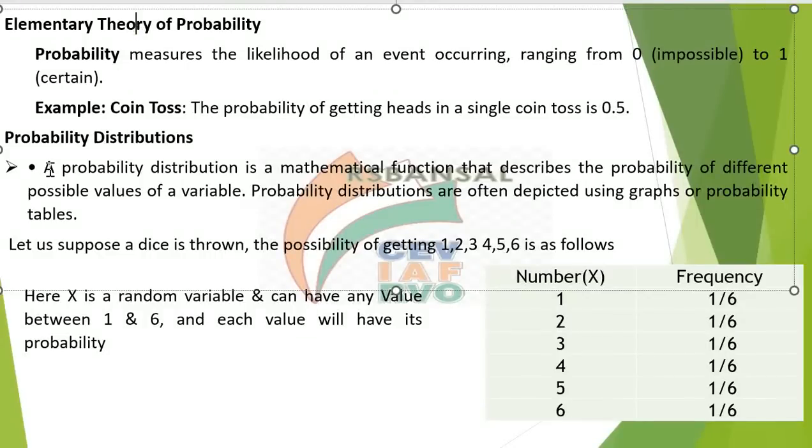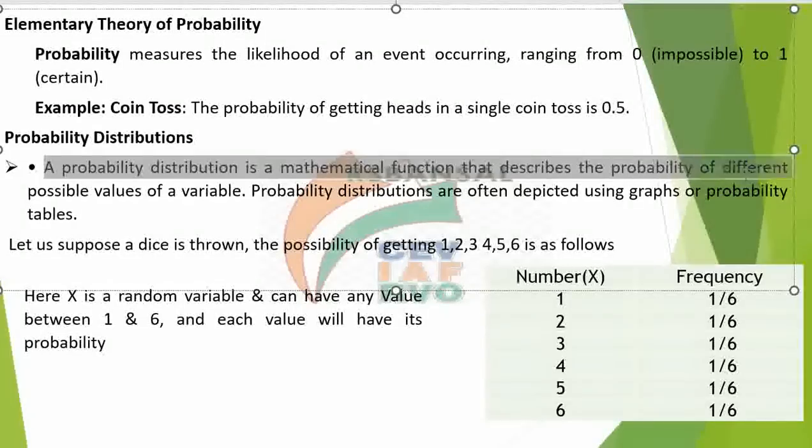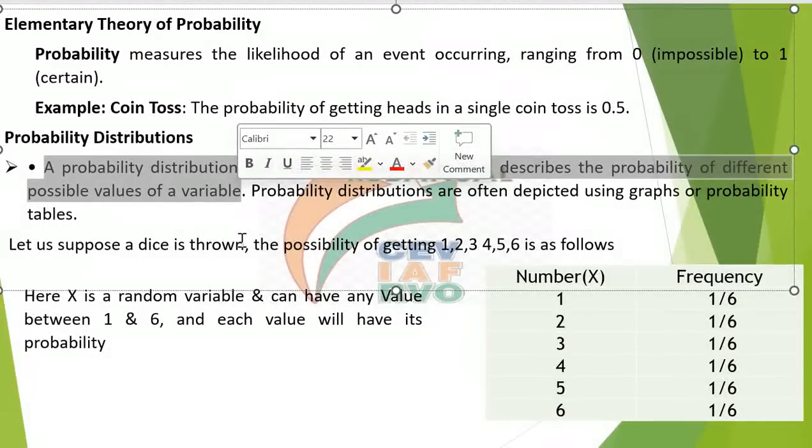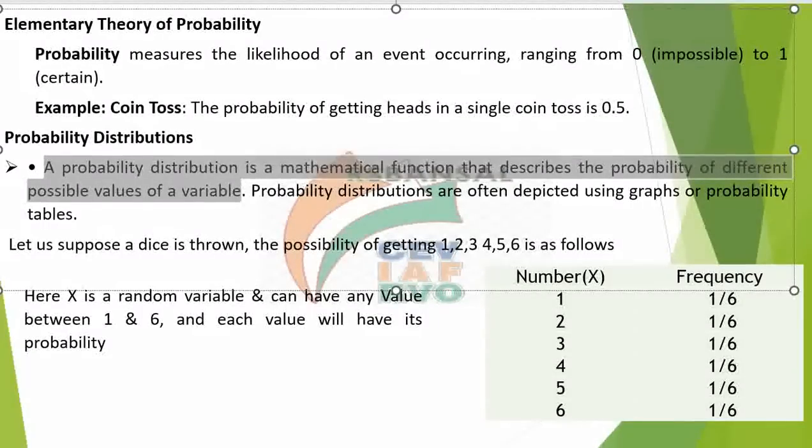And what is a probability distribution? It is a mathematical function that describes the probability of different possible values of a variable. So in case of a variable, what will be the different values of the probability for a particular case?